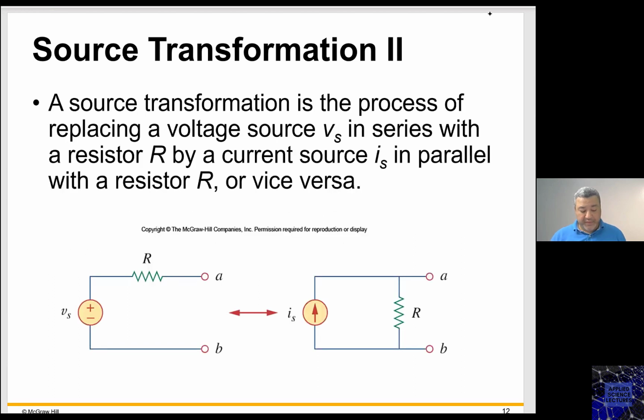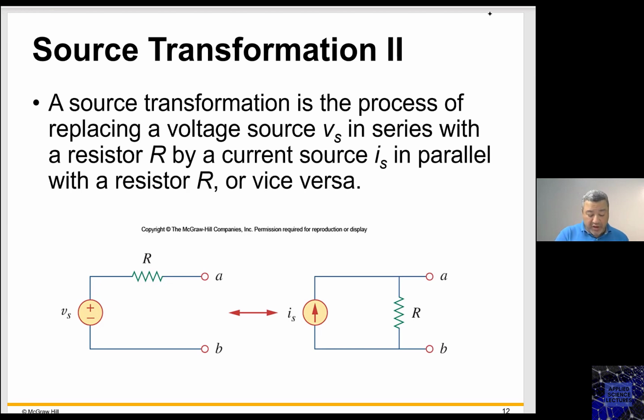Now, in source transformation, you have to make sure that you are moving between those two shapes. In other words, if you have a voltage source connected this way with a resistor, such that they are in series, this shape can be transformed into a current source, and the resistor would be connected in parallel.